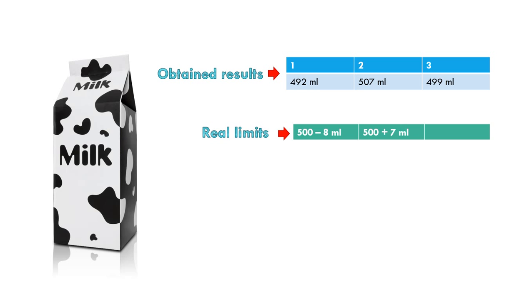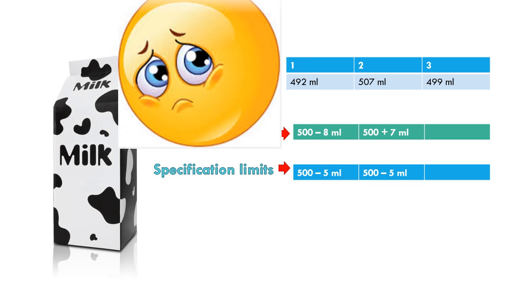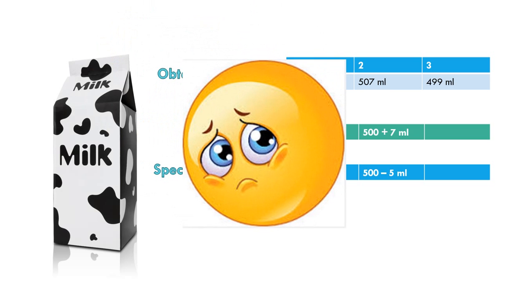Then our process is incapable because our real limits exceed the specification limits, which were 495 and 505 milliliters. So, as a result, we can't satisfy customer requirements. So, our client will be sad.